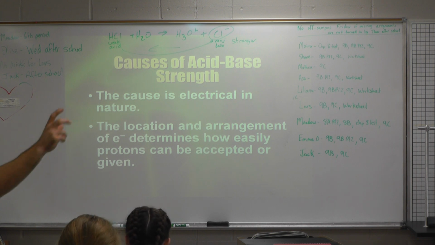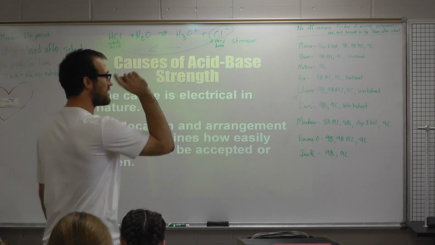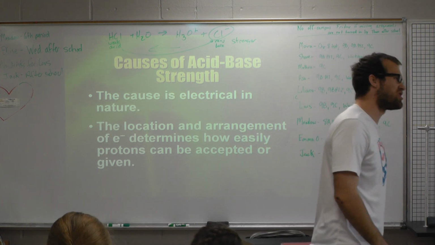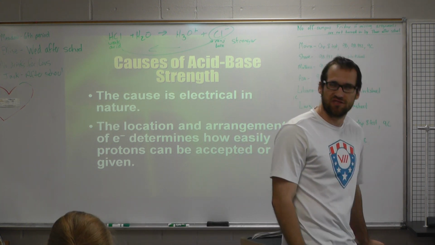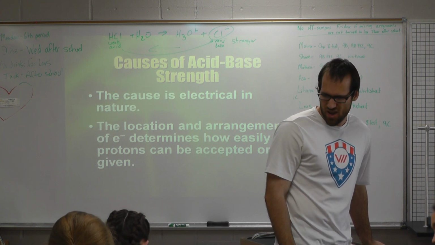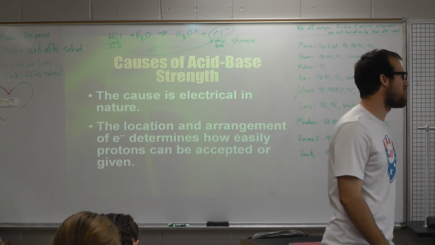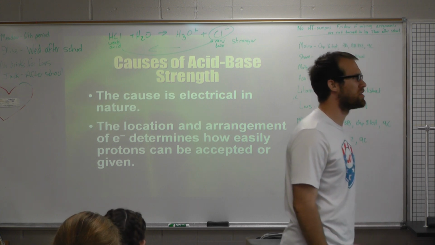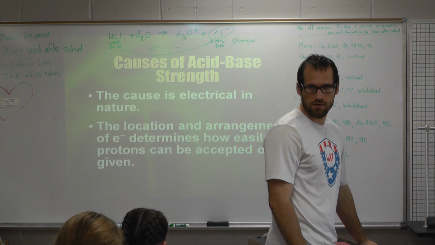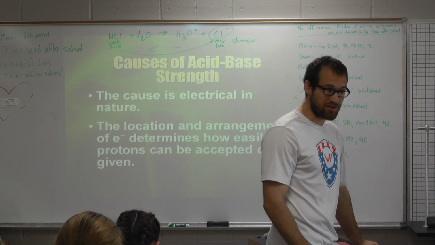There are a lot of aspects of polarity and electronegativity values that go into really understanding why the 6 acids are really strong and the other ones are weaker. I'm not going to take a whole bunch of time going into the why behind it because I do a bunch of that in Advanced again. I don't think you're quite ready for that. But there's something to look forward to.